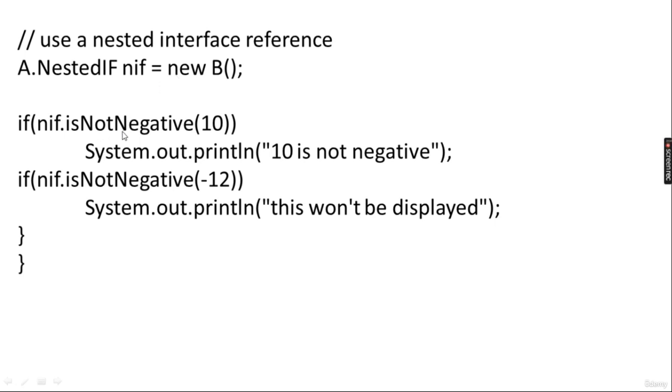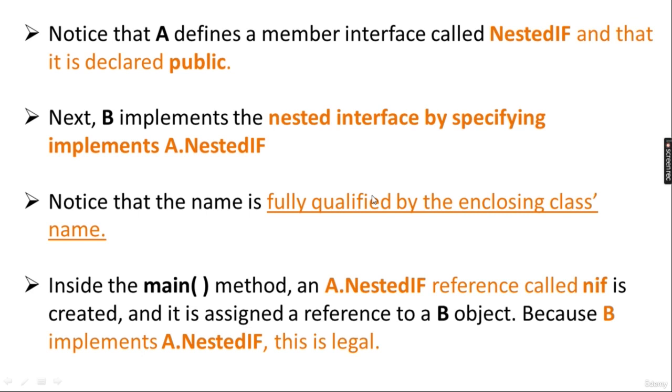If nIf is non-negative, 10 is non-negative, then it is going to be displayed. A defines a member interface called NestedIF and that is declared as public. Next, B implements the nested interface by specifying A dot NestedIF. The name is fully qualified, like class name dot interface name.